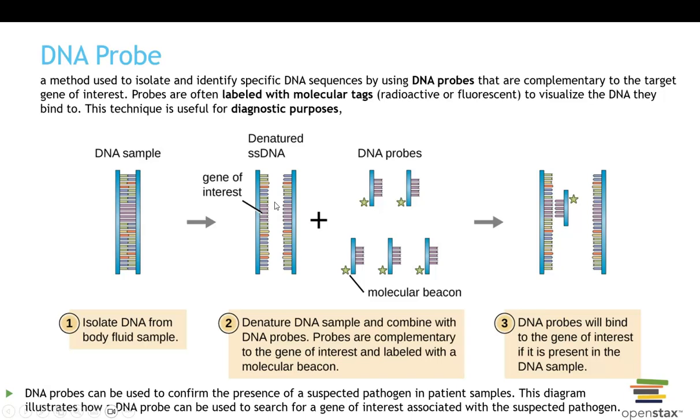There are several steps of washing, and then if the DNA probe binds with the gene of interest, it will show us that that gene or that bacterium is present in that sample. So it can be used for diagnostics or for research. It's a very common technique that we use, DNA probes.